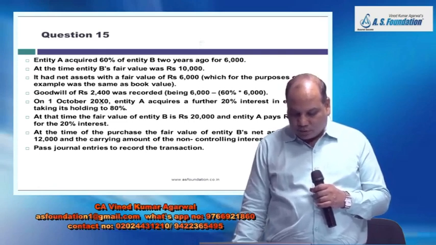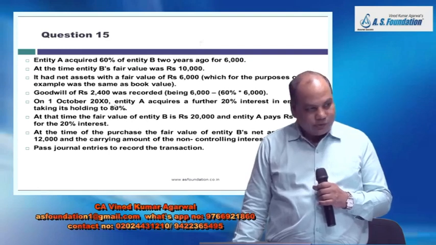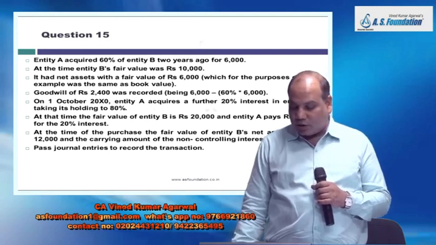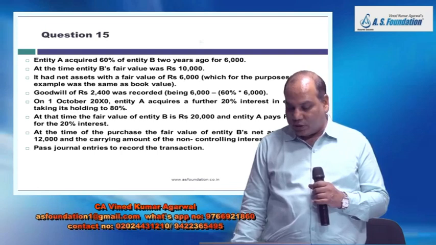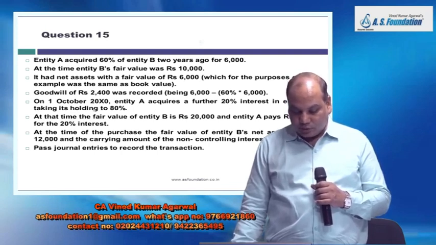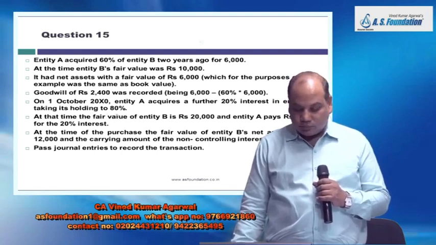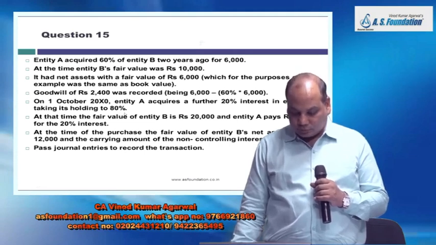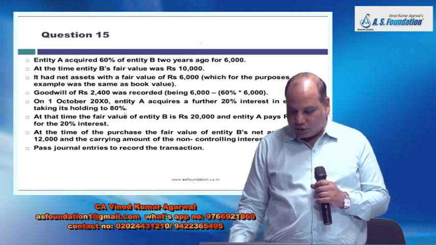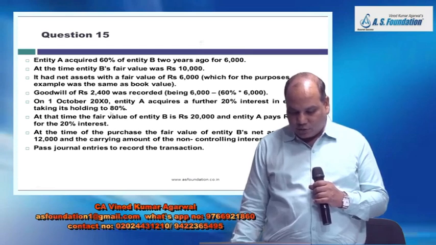On 1st October 2080, entity A acquires a further 20% interest in entity B, taking its holding to 80%. So this is additional lot acquired from 60 to 80.